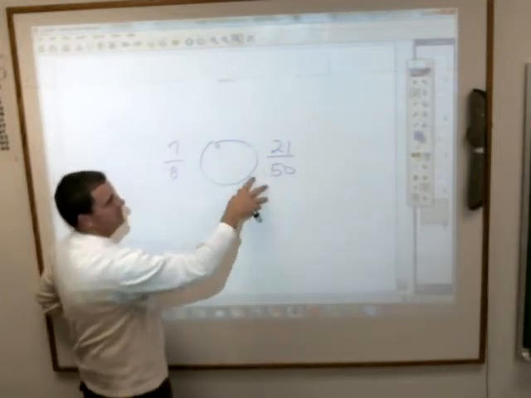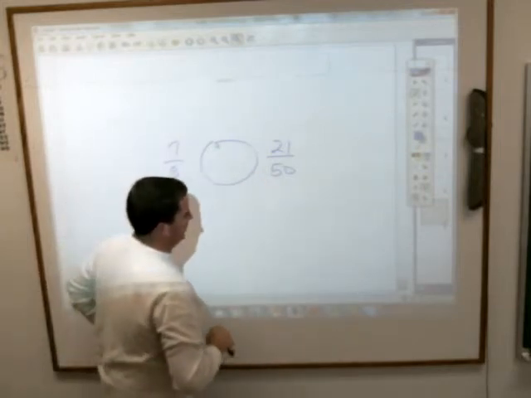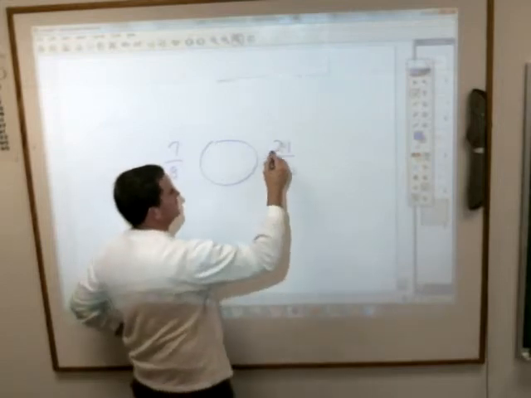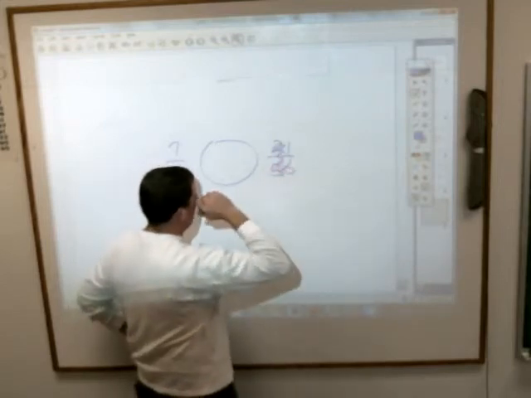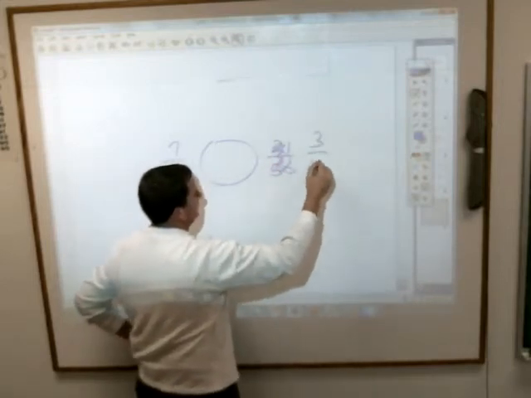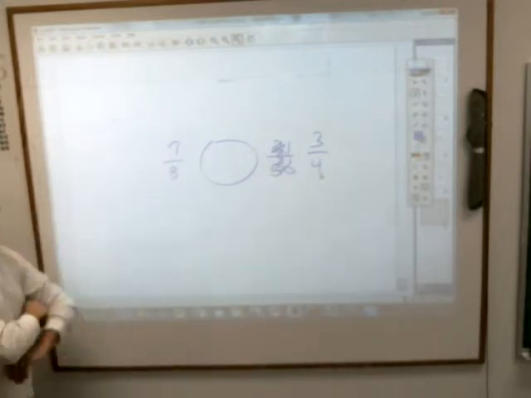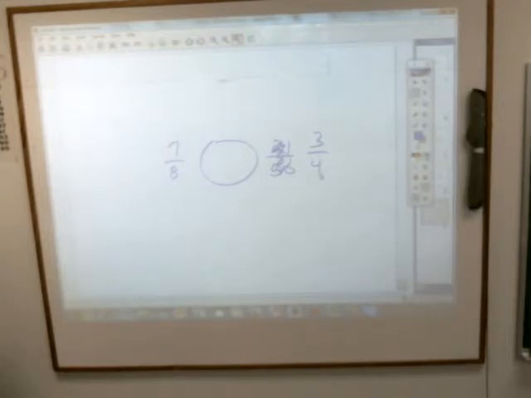This only works for a little while, and then we start doing big ones. But let's do 7/8 compared to 3/4, and here's the other problem. What is bigger, 7/8 or 3/4? We're taking a guess here. Who knows for absolutely positively sure?